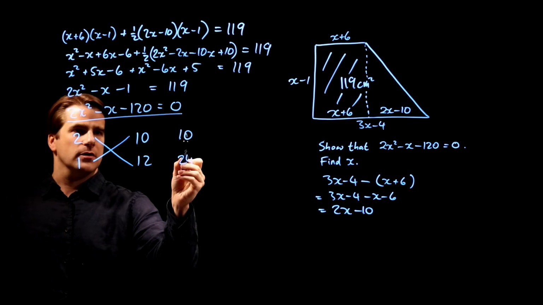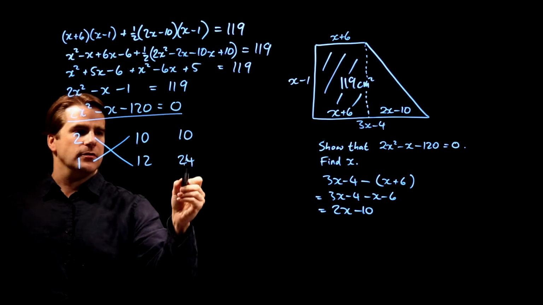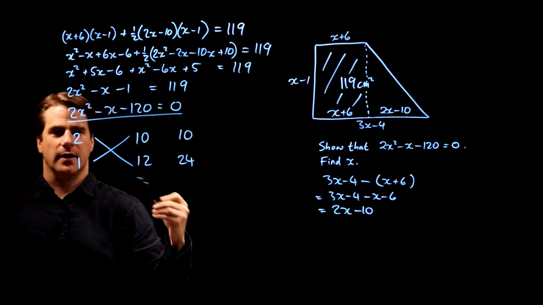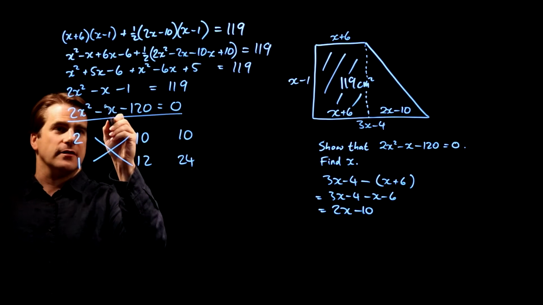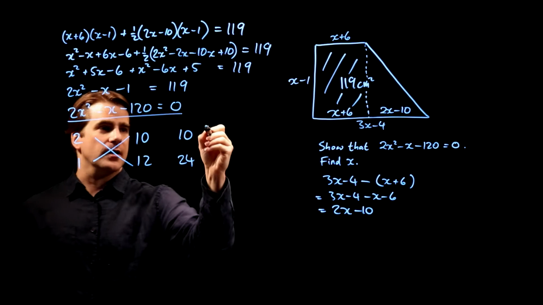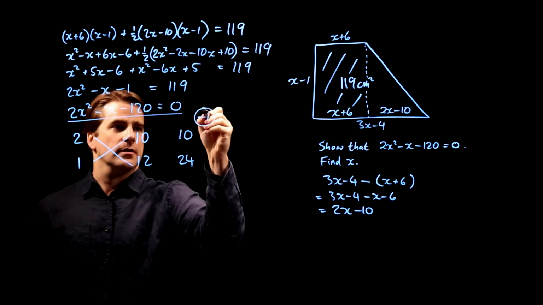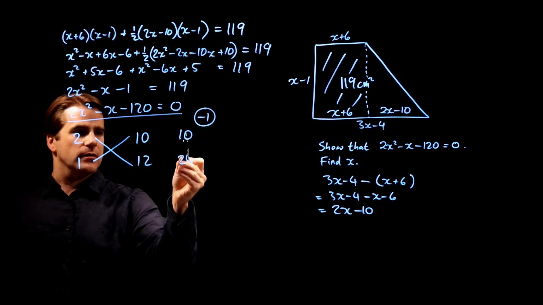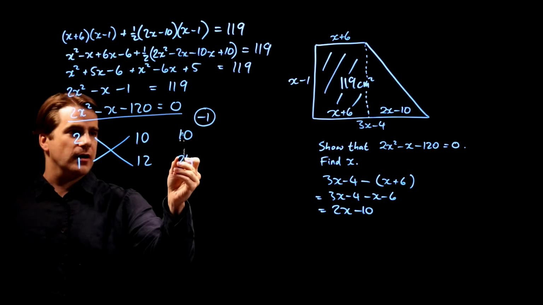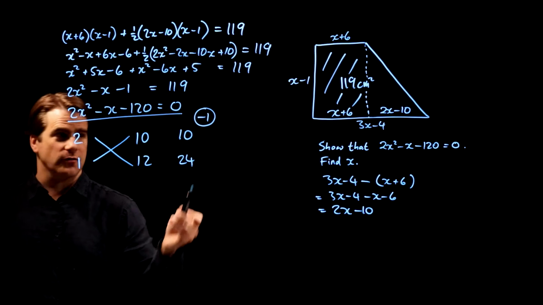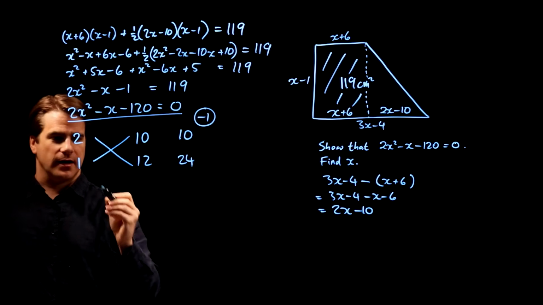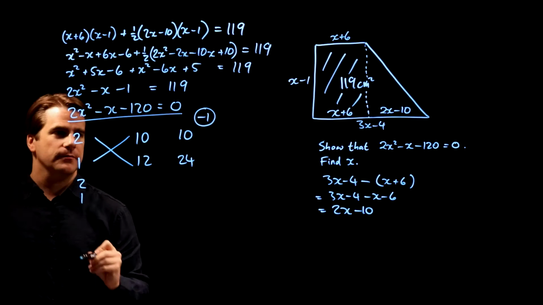And you want these 2 numbers to be combined in such a way with pluses or minuses, such that you get the number here, which in this case is -1. So this hasn't worked, because plus 10 minus 24, for example, gives you -14, not -1. So you try again.